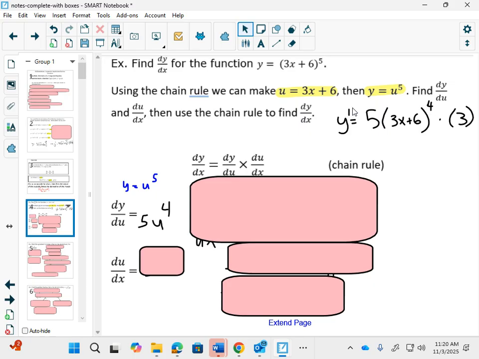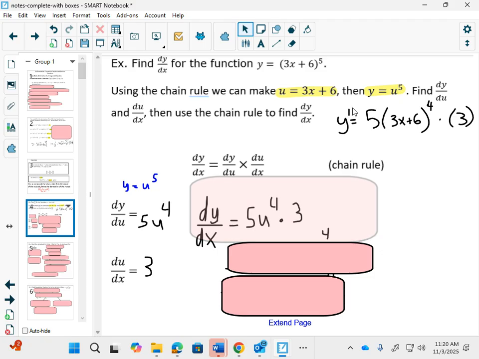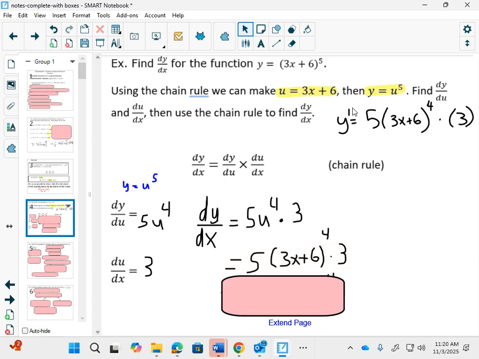I have an equation that u is equal to 3x plus 6. I could find its derivative. du/dx would just be 3. Then I plug those things into my formula. dy/dx would be 5u to the 4 times 3. Substitute back in. I could simplify the 5 times 3 if I wanted to, not necessary.